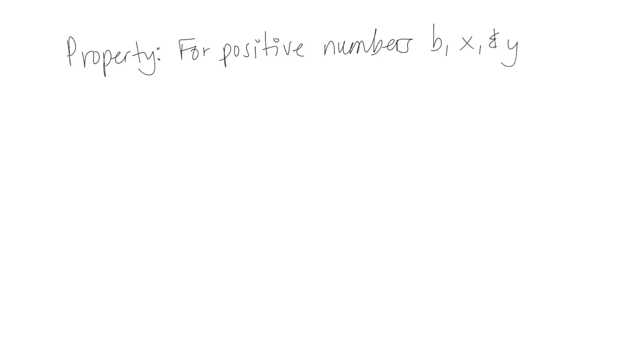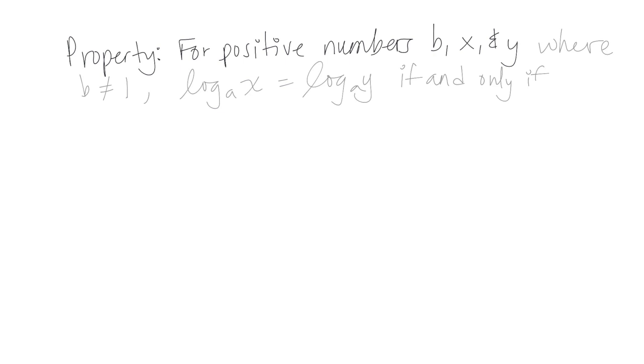So this property says that for positive numbers b, x, and y, where b cannot equal 1, the log base b of x equals the log base b of y if and only if x equals y.